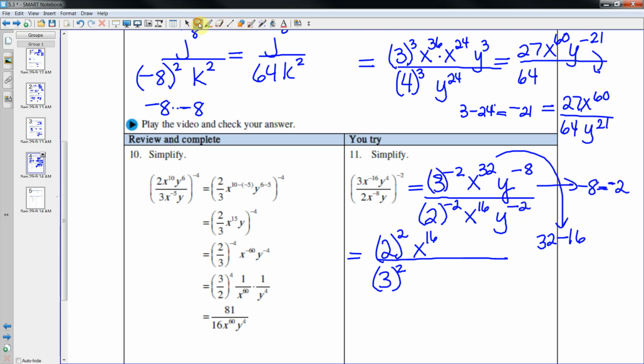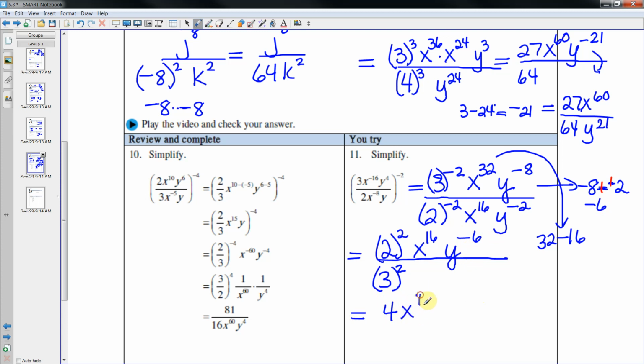So that becomes plus. So I have negative 8 plus 2, which is negative 6. So I have y to the negative 6, which then we know has to move to the denominator, because we can't leave a negative 6 in the numerator. So 2 squared is going to give me 4. There's my number on top.